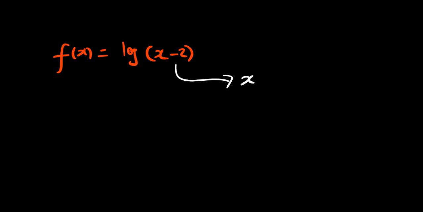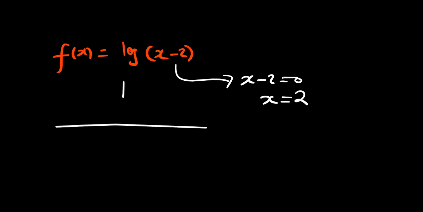So x minus 2 equals 0, so x equals 2. That's why I've shifted your graph. Initially, if this is the y-axis and this is the x-axis, the y-axis is the one acting as the asymptote. But now because you've shifted the graph 2 units to the other side, let's say 2 will be here.